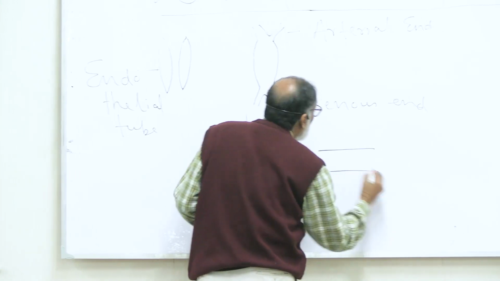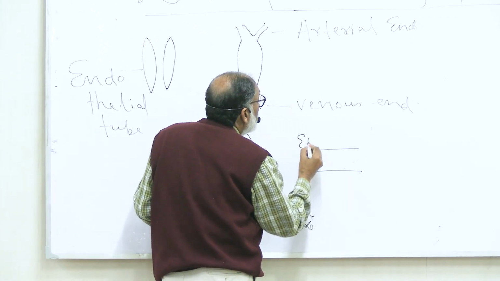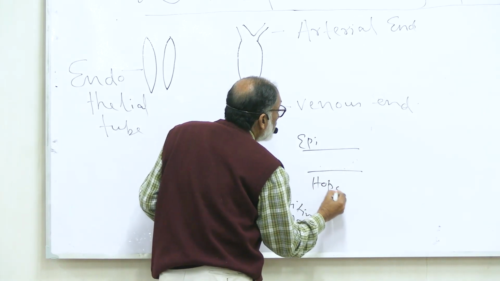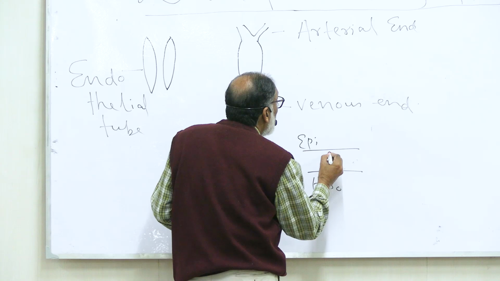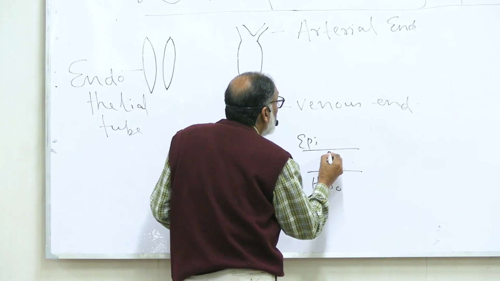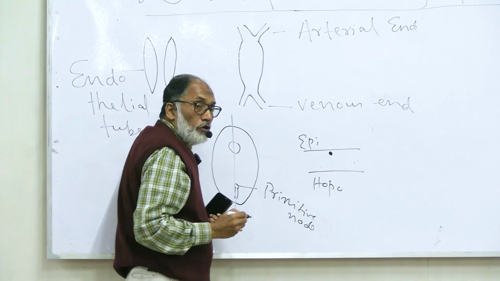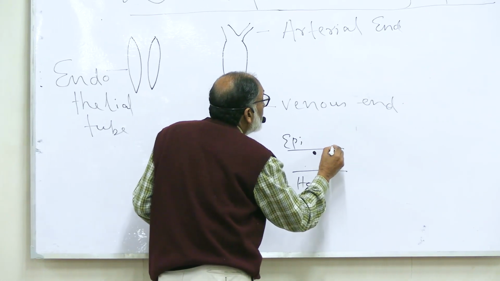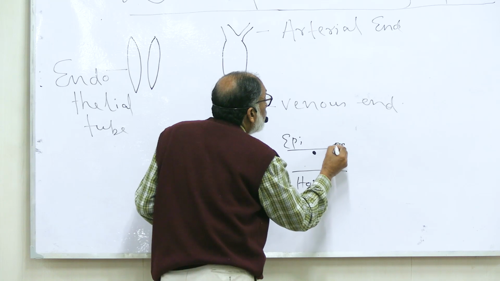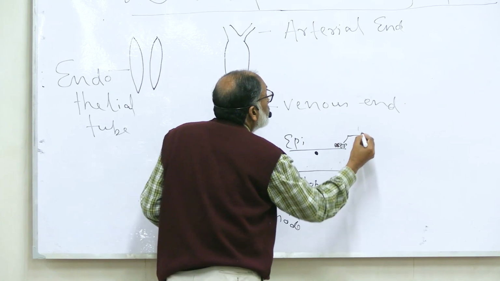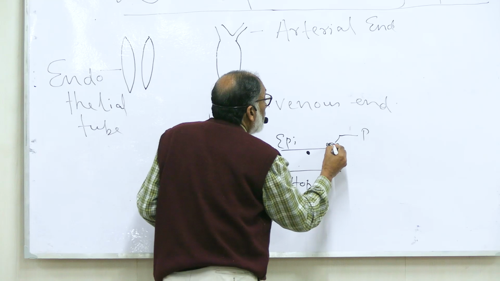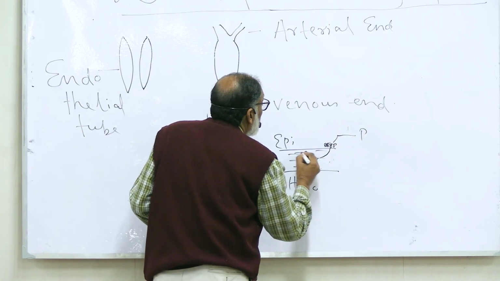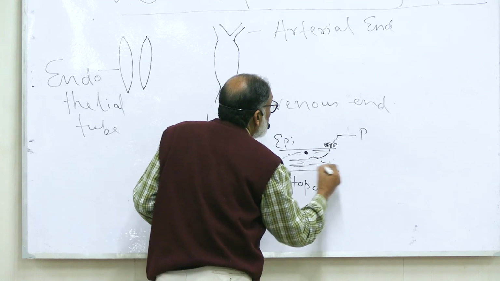This is the epiblast. This is the hypoblast. Here the notochord has already developed. Here is the position of the primitive streak. From here cells will come and fill up this area. That is the intraembryonic mesoderm.